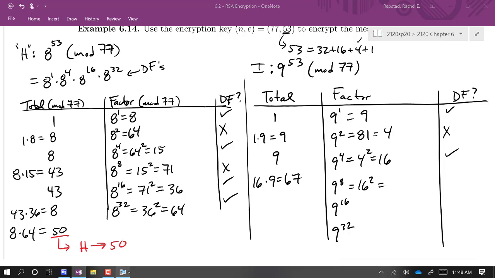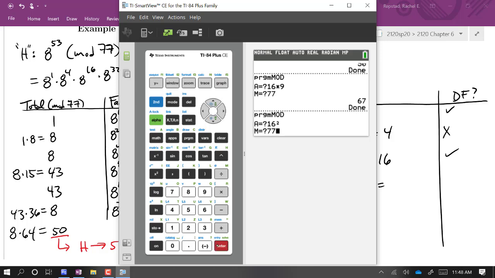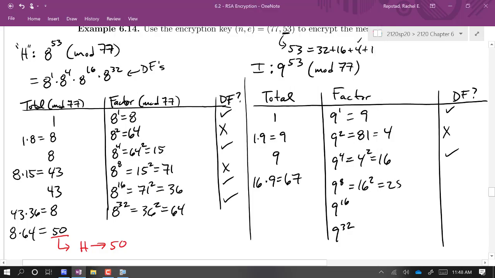I think I'll need the program for that. That's 25. 9 to the 8th is not a desired factor, so that's going to stay at 67.